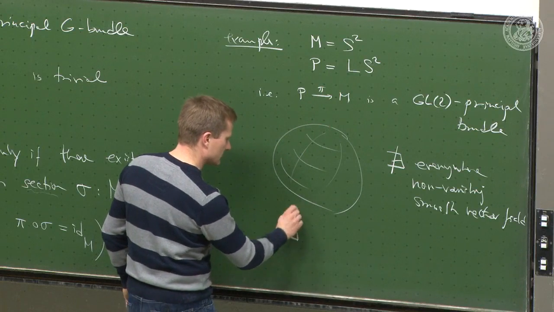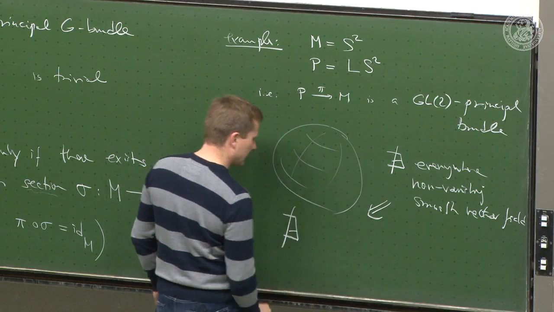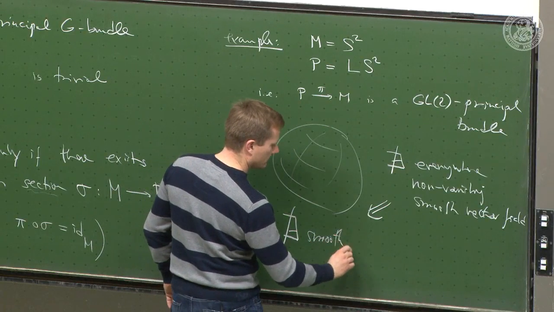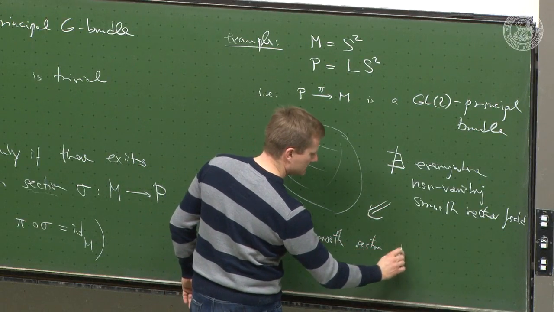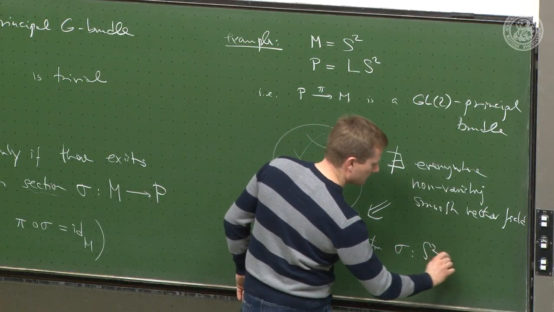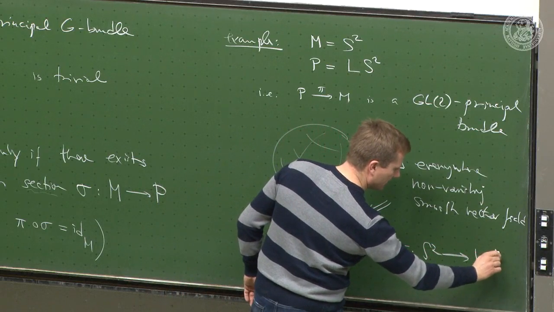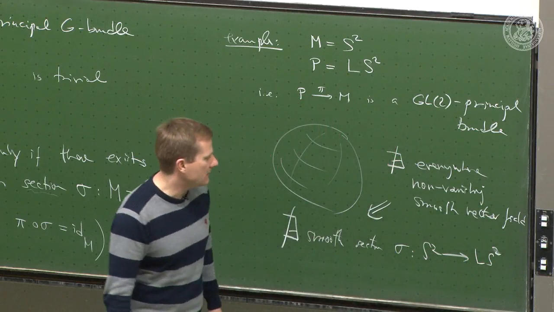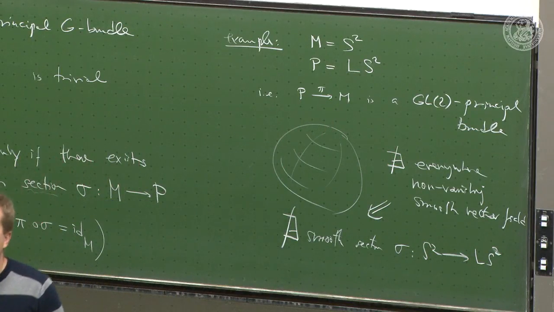So from this it follows there exists no smooth section sigma that would assign to every point of the two-sphere a point in the frame bundle. So what do we know about the triviality of the GL2 bundle?